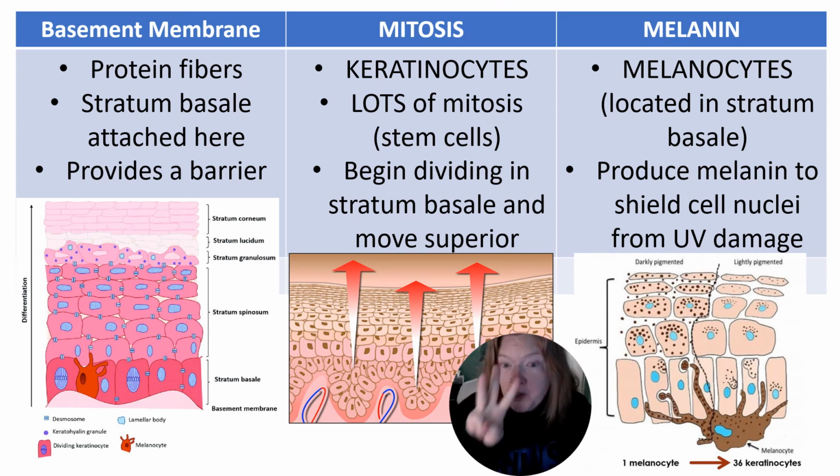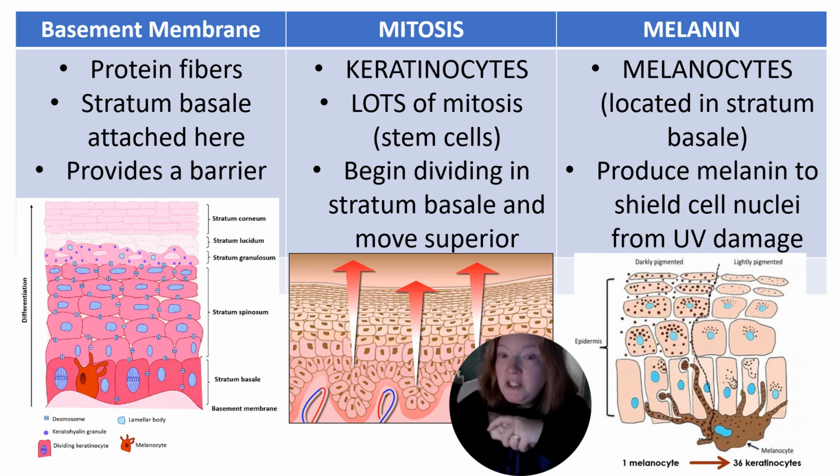All right, let's go over these 3 key features of the stratum basale. So we have the basement membrane, that's protein fibers, and the stratum basale is going to be attached here, so a firm point of attachment. That basement membrane also provides a barrier so things aren't able to move up through the stratified epithelium.